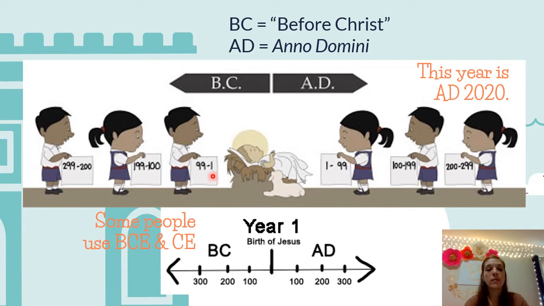If you hear that something happened in 1 BC, that means that it happened 1 year before Christ. Now, it's not 100% exactitud, but más o menos, that is what it means, okay?